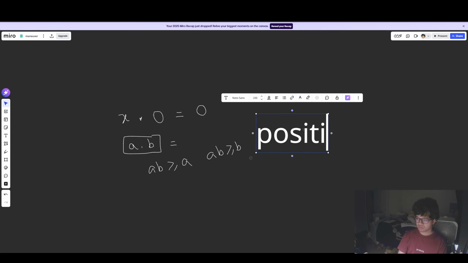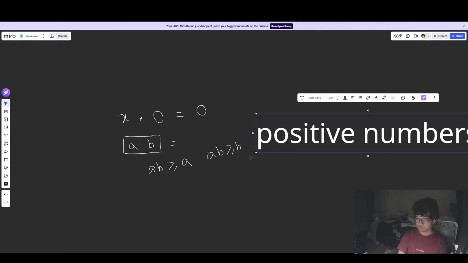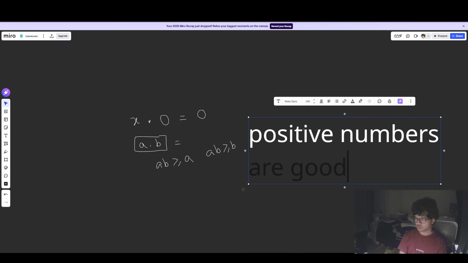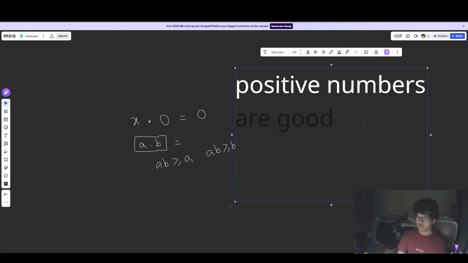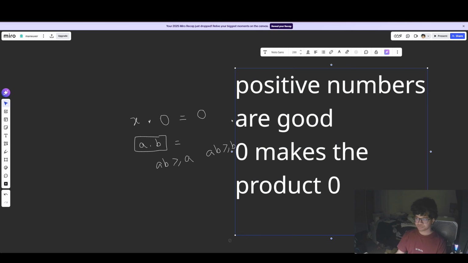Positive numbers are good. Another observation is that 0 makes the product 0. So these are two observations.